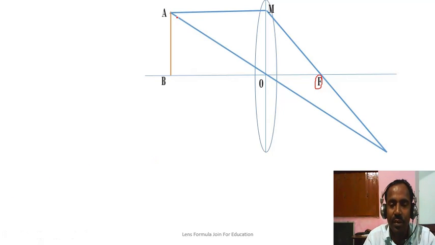This is another ray of light that passes through the optical center of the convex lens, and they intersect each other at A dash. So, A dash B dash is the image of the object AB.